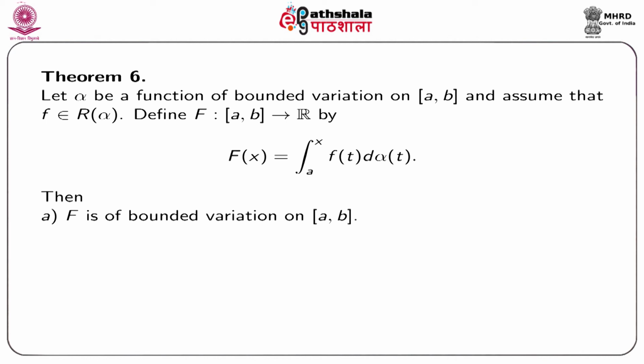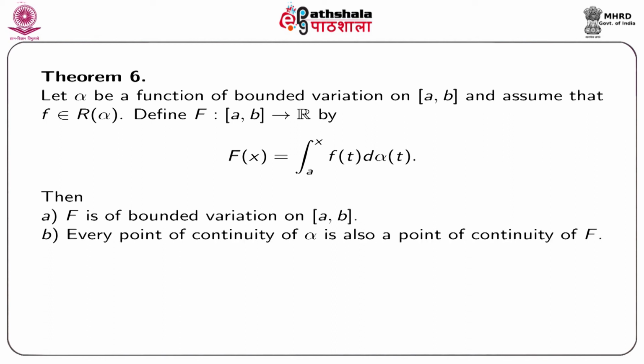Define the function capital F on closed interval [a, b] by capital F(x) equal to integral a to x f(t) d alpha(t). Then the function capital F has these properties that capital F is a function of bounded variation on closed interval [a, b].